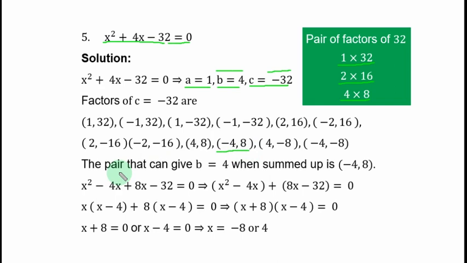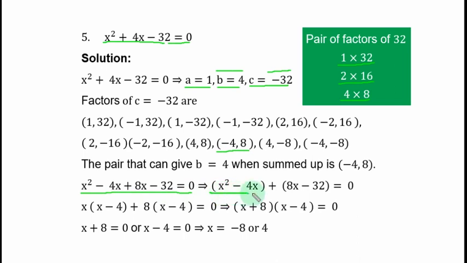So we replace the middle term using the possible factors in s. So we have s squared minus 4s plus 8s minus 32 equal to 0. The purpose again is to get four terms so that we group them in twos and factorize.